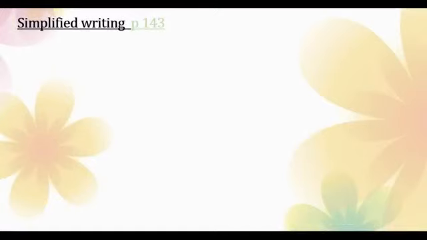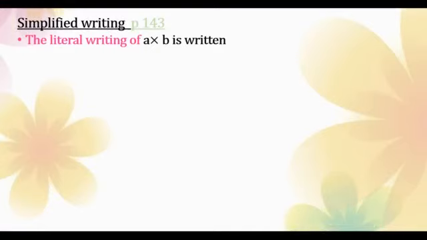Simplified writing, page 143. The literal writing of a times b is written ab immediately, without the times sign. So if we see a and b beside each other with nothing between them, that means they are multiplying each other.